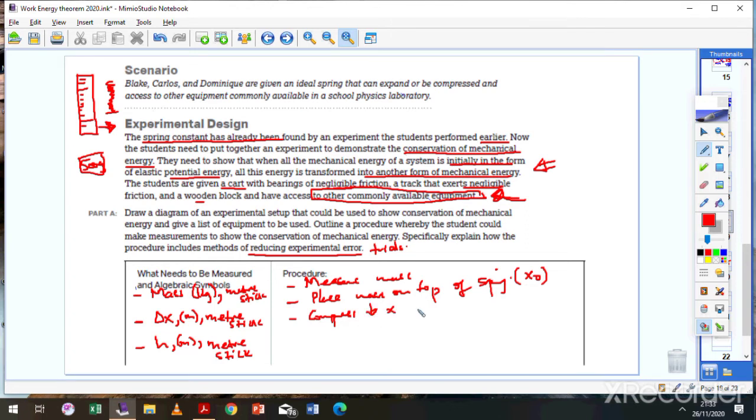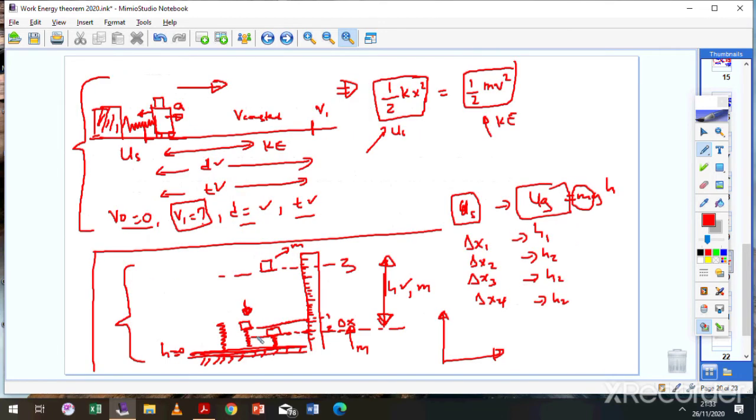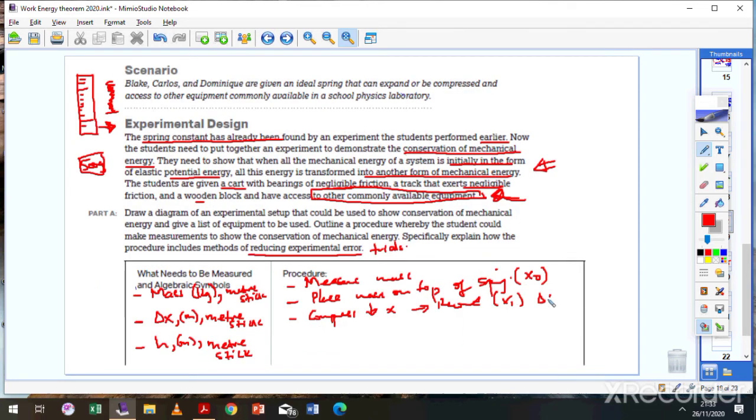After compressing it, record the new position of the bottom of the block, call it x1, that's this position here. So the compression will be the difference between x0 and x1.